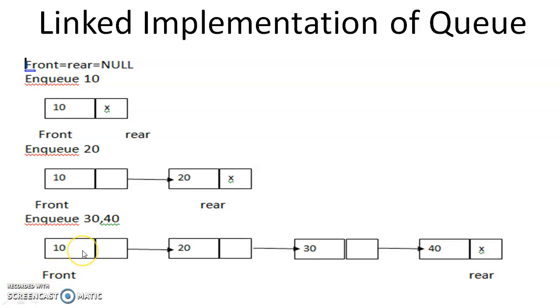The front will be pointing to the starting node and the rear will be pointing to the ending node. See the thing that we are doing. Suppose this is the new node. Rear of next is pointing to the new node and this new node becomes the rear. So what are the two operations that we are implementing? Rear of next equal to new node, and rear equal to new node.